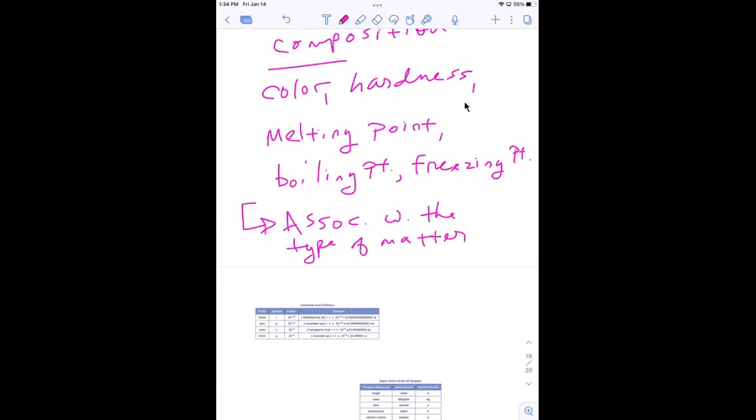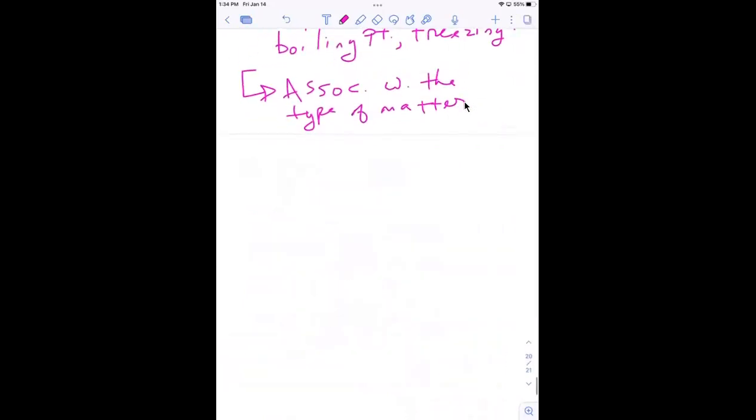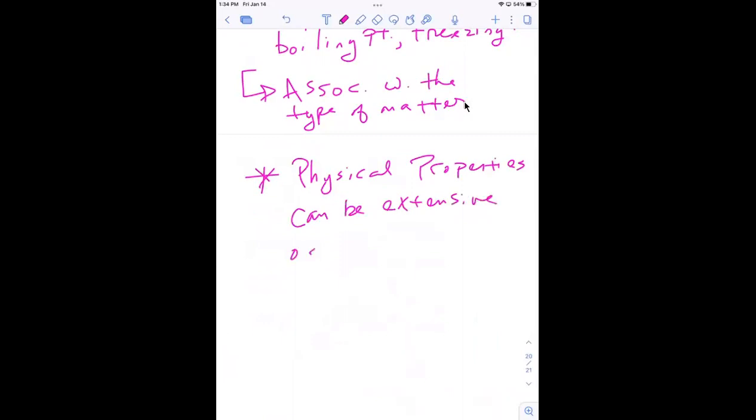And then with physical properties, we can talk about different types of physical properties, right? Like extensive and intensive properties. So let me add a page here and we'll add that. Physical properties can be extensive or intensive.